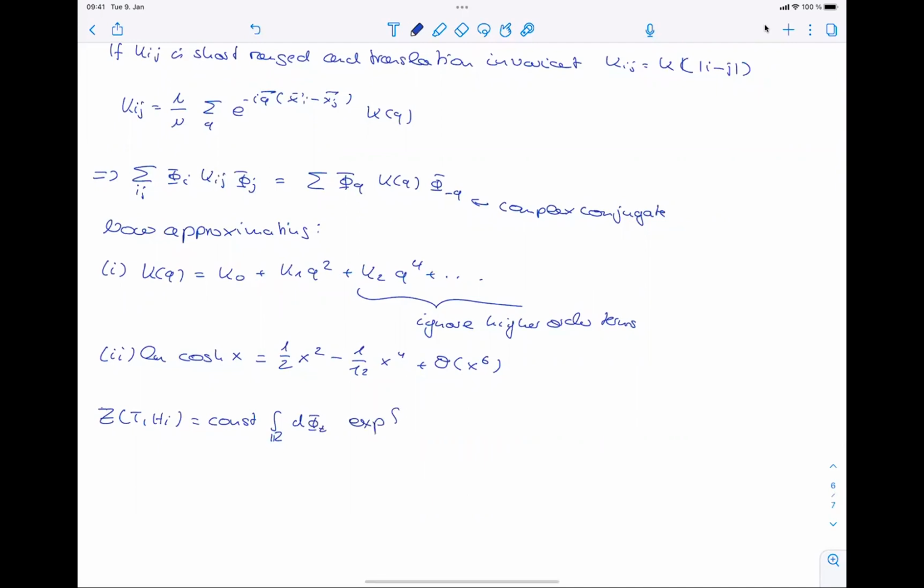Okay, now we have minus, and we have these two terms coming in here, and this gives rise to the integral over q.